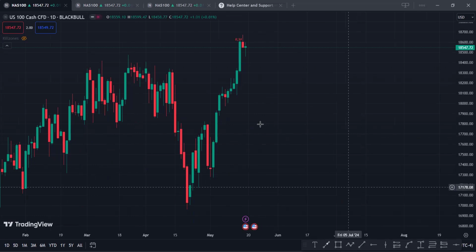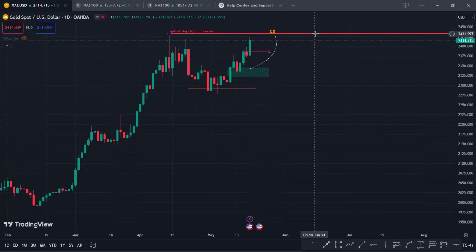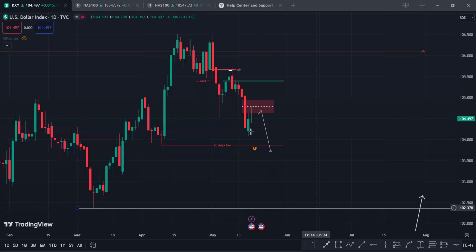I don't know what exactly Nasdaq want to do. So I don't have bias on Nasdaq, but I do have bullish bias on gold. I also have a bearish bias on dollar index. So this is what I have moving forward. And when you check the seasonal tendency, as I said, it is exactly supporting what we analyze technically here.